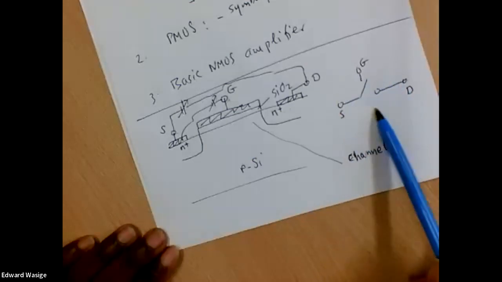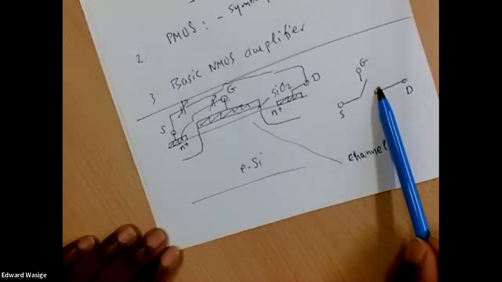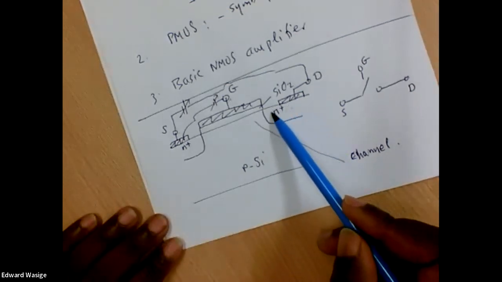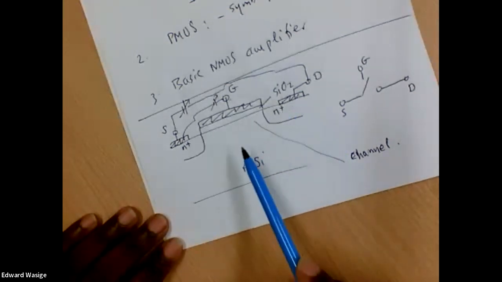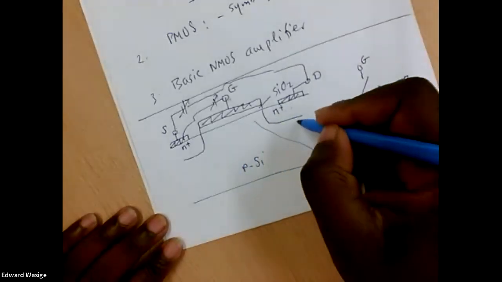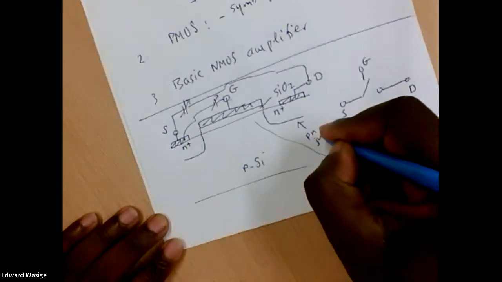Actually, in that situation, the switch is open and no current flows through. And the reason for that, for those of you who've done this before, it's quite clear. This region is N-type. This region is P-type. So this is a PN junction at this point.